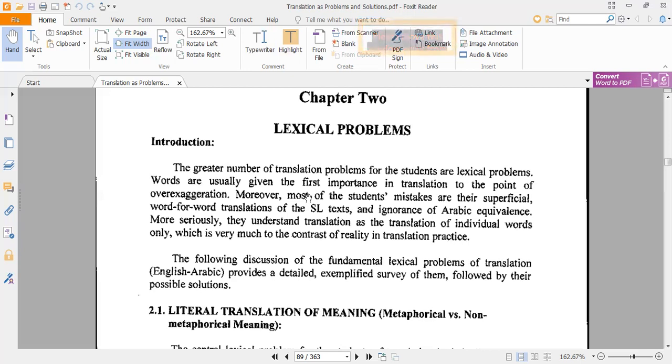So some verbal sentences in English can be rendered as nominal sentences in Arabic, and some verbal sentences can be rendered as verbal sentences in Arabic. But we have a very important issue that usually Arabic starts with a verb.